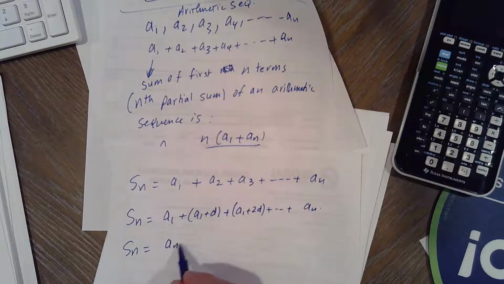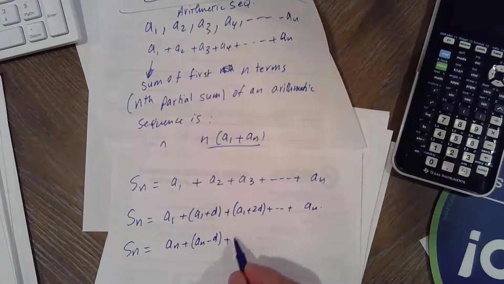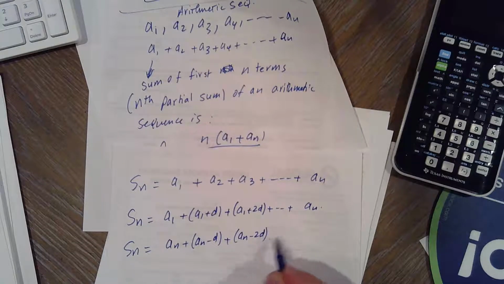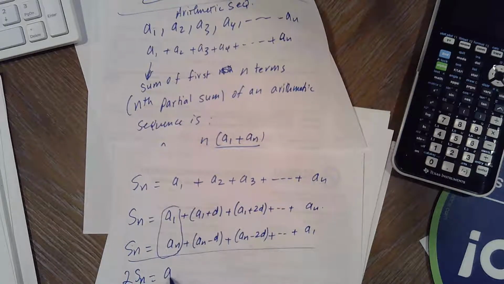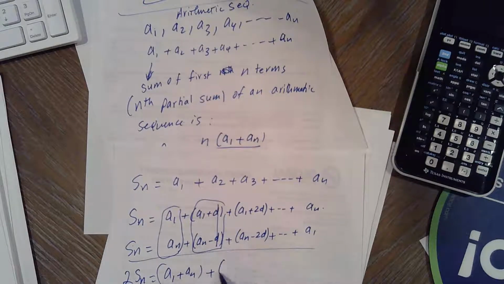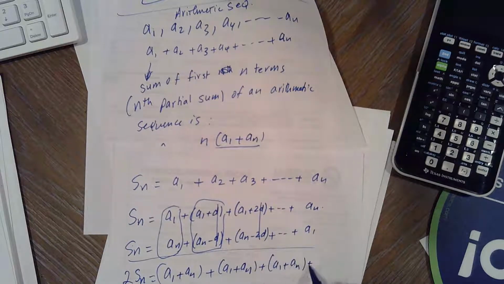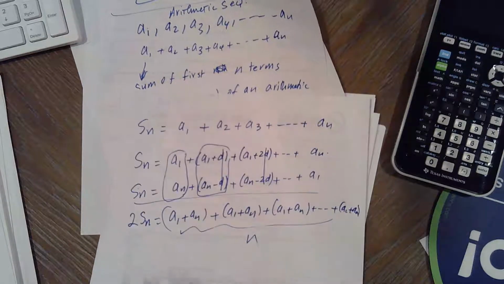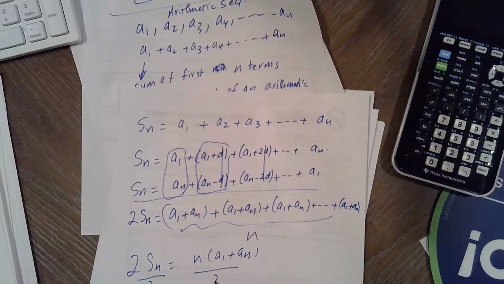An, and then the one before an is an minus, if you go backward, you subtract a common difference. An minus 2 common differences, and then down to a1. You add them up, Sn plus Sn is 2Sn. These cancel out, so you can see a1 plus an, and the last one, a1 plus an, and there are n of them, right? So 2Sn is n times a1 plus an, divide by 2, and you get that.